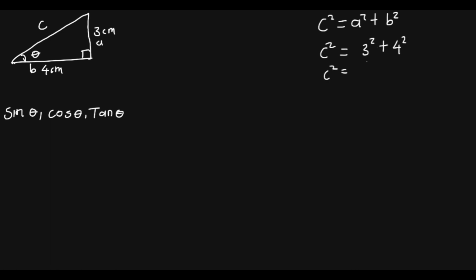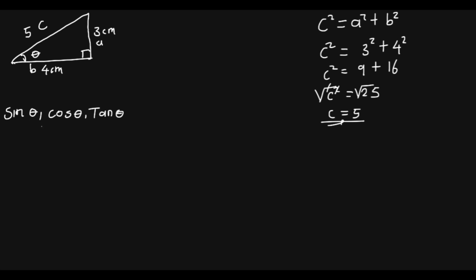If we square, 3 times 3 is 9, plus 16. Adding, this gives us 25. Then we find the square root on each side, so C is equal to the square root of 25, which is 5. So this number here is 5.